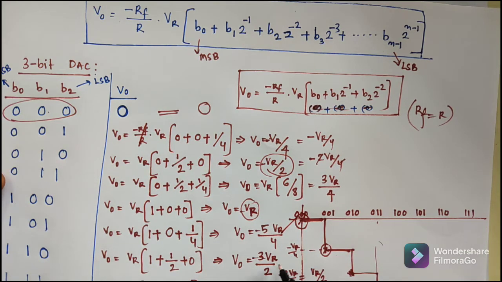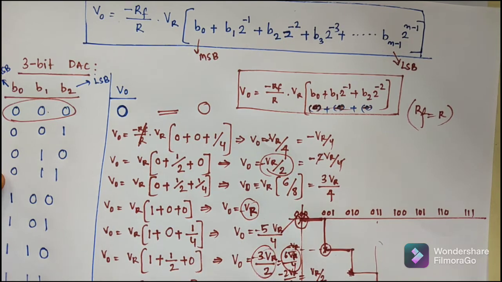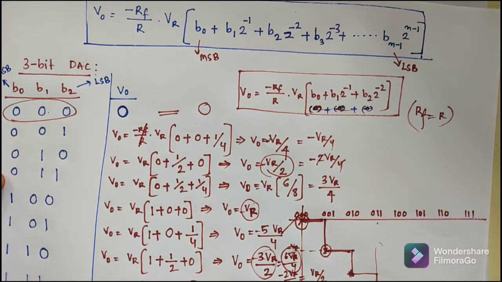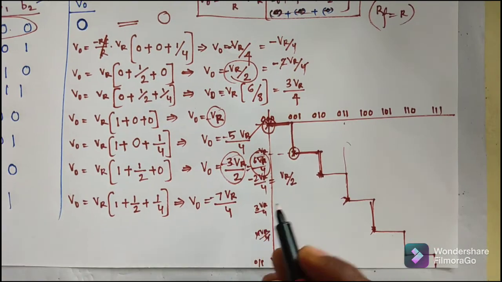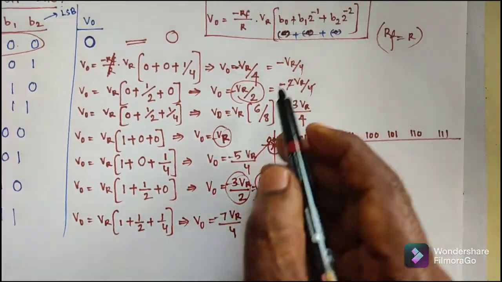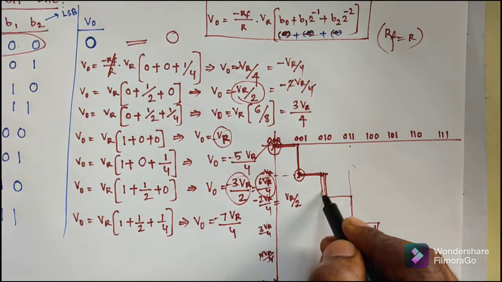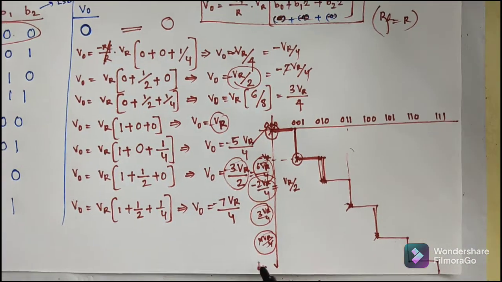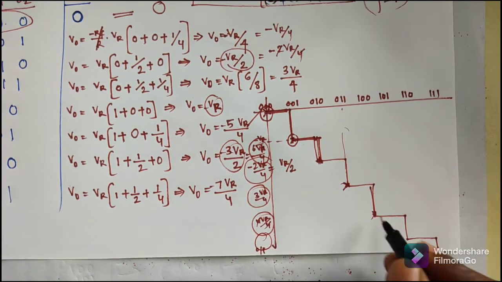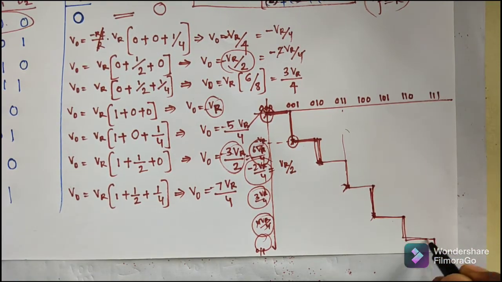Next is 6 VR by 4. Both are the same, like that you will get this type of slope. This is the graph for representation of this. For 0 1 VR by 4, for 2 2 VR by 4, for 3 3 VR by 4, for 4 4 VR by 4, 5 VR by 4, 6 VR by 4, 7 VR by 4.